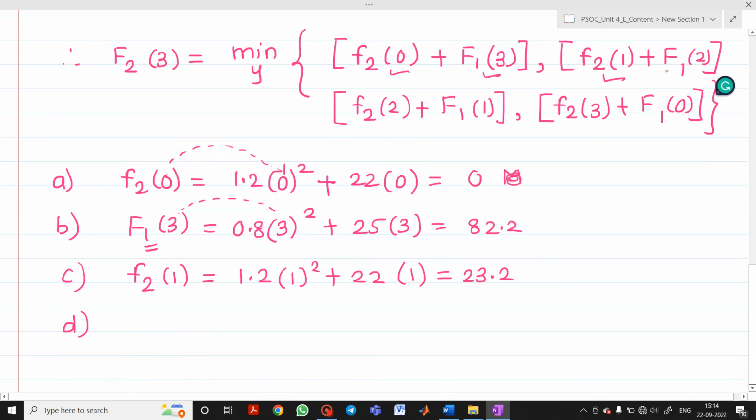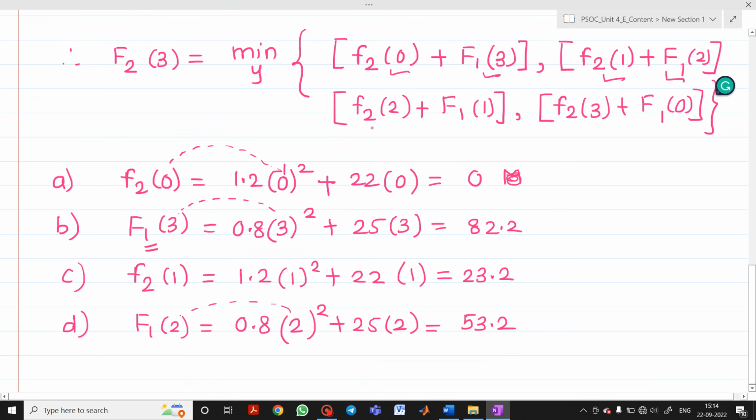Next will be capital F1 of 2. So what is the equation of F1? 1 unit equation is 0.8. Now here we will put this. So it will be 2 square plus 25 into 2. So what you will get? The answer is 53.2. So we covered these two.